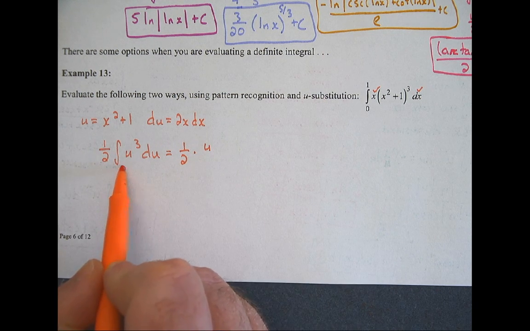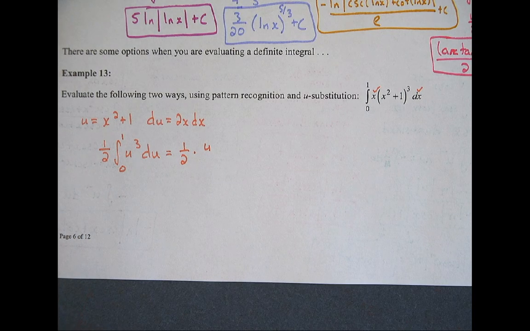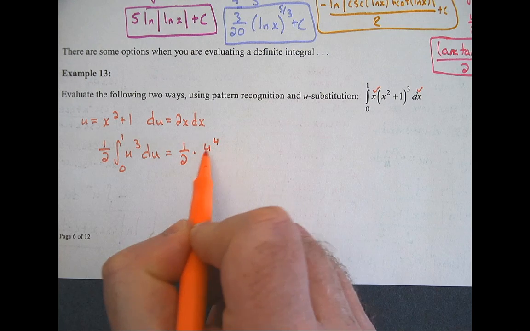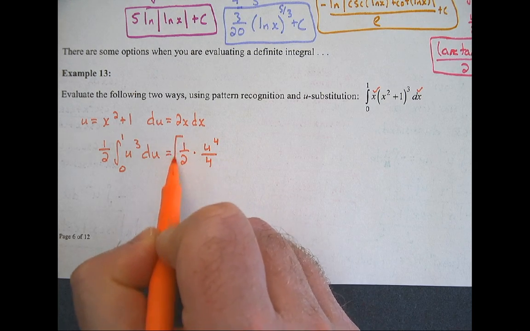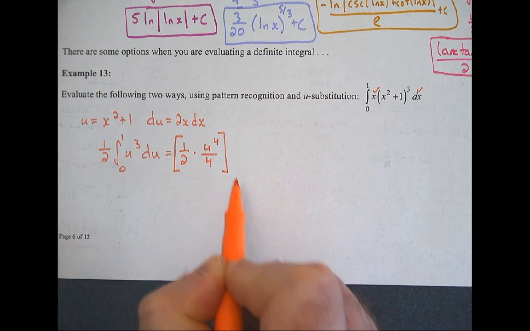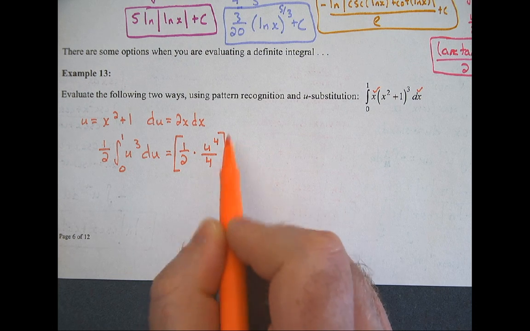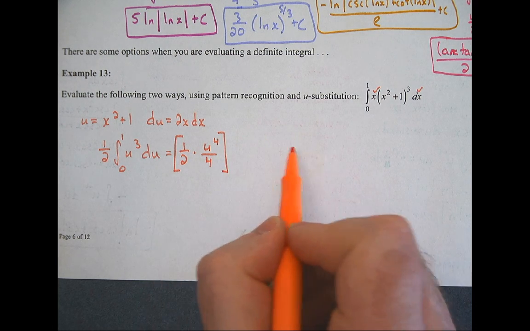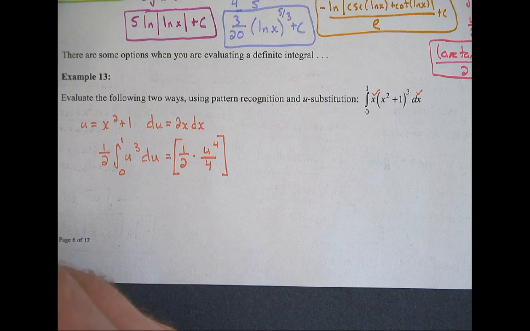Oh, 0 to 1. Sorry, we have a definite integral this time. So 1/2 u to the 4th over 4. Now remember, when it's a definite integral, we write what those boundaries are in here. Be careful.